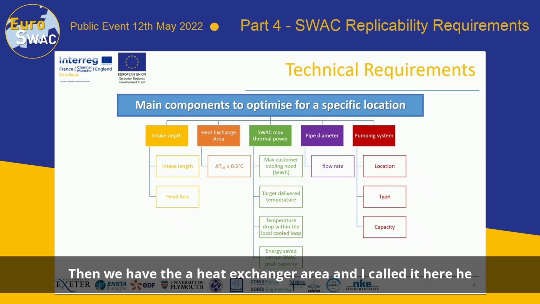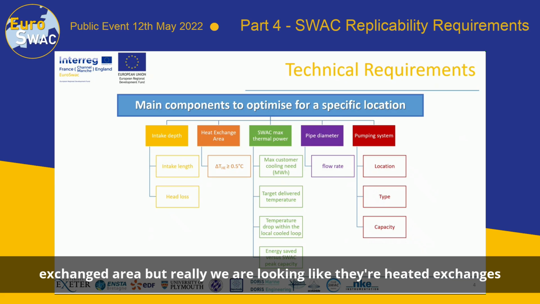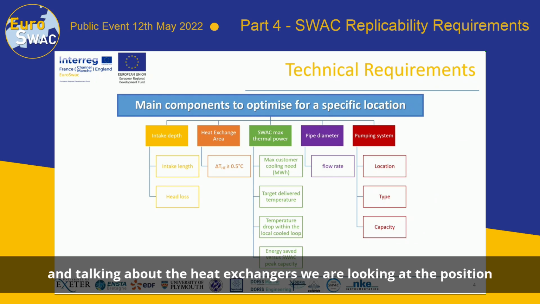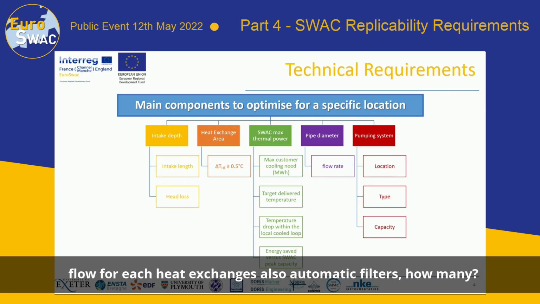Then we have the heat exchange area, and I called it here heat exchange area, but really we are looking at the heat exchangers. And talking about the heat exchangers, we are looking at the position of heat exchanger, number of heat exchangers, maximal flow for each heat exchanger, also automatic filters, how many, where, size, etc., but also how much heat is being exchanged.